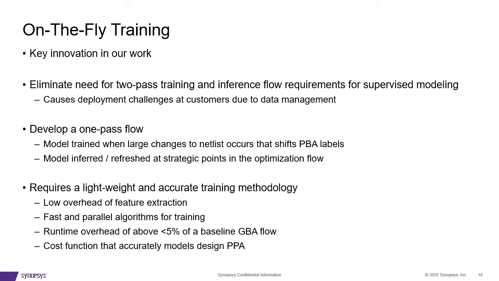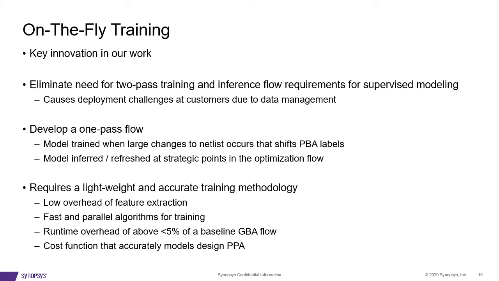data management issues. We develop a one-pass flow where the model is trained when large changes to the netlist occur that shift PBA labels. The model is inferred and refreshed at strategic points in the optimization flow during delay, area, and power recovery. Now this requires a lightweight and accurate training methodology.